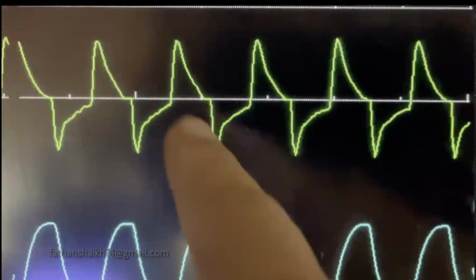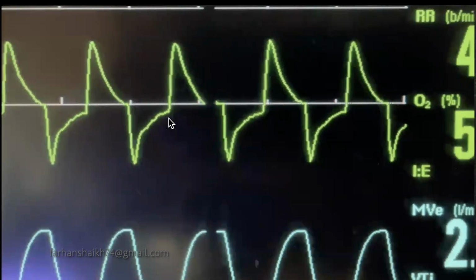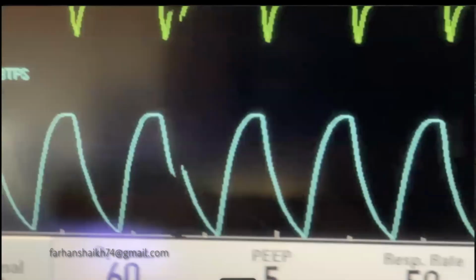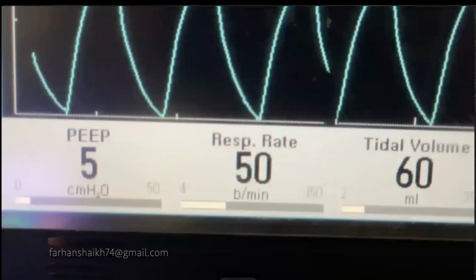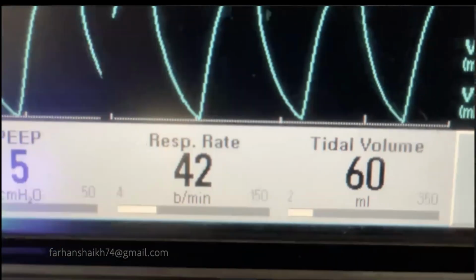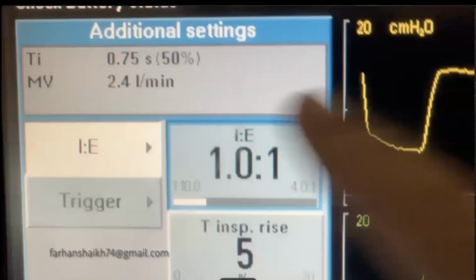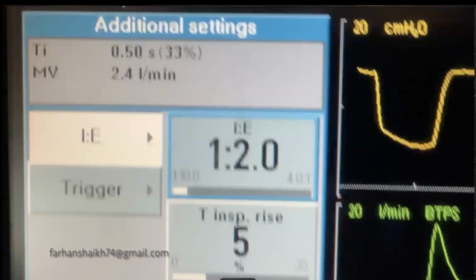And here also, you can see the expiratory flow is not reaching the baseline. Respiratory rate was 50, and the inspiratory time was 0.6. So what we did was we just reduced the rate and increased the expiratory time.